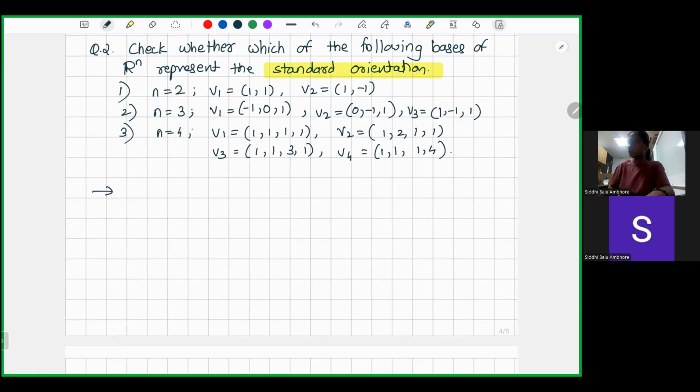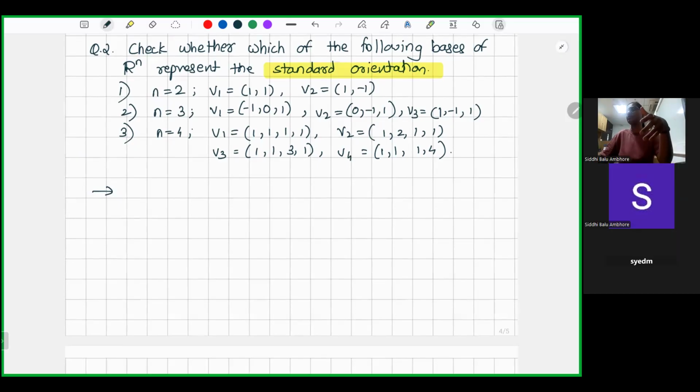Orientation in general, for a given vector space V, orientation is just base change matrix. So orientation of Rn is an equivalence class of ordered bases.